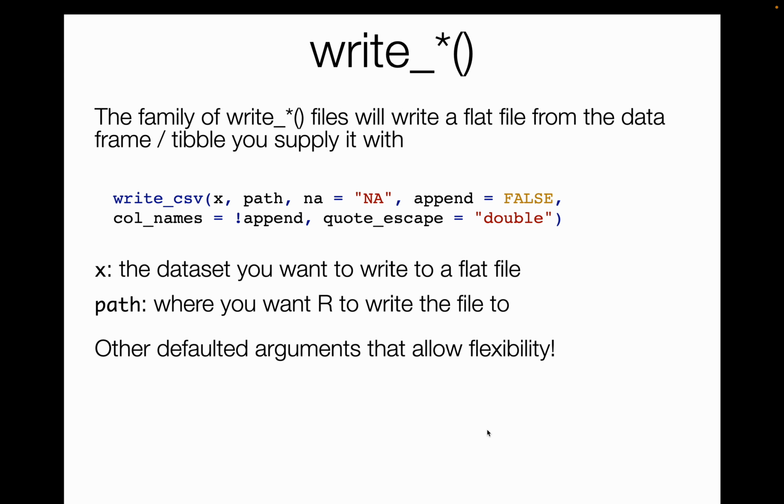So as you can see, write underscore CSV takes a lot less options. 2 options, X and then path. X is the data set in R with which you want to write to a CSV. And then the path is the place on the computer where you want to write it to. And so those are the 2 arguments that are required. The rest are defaulted.